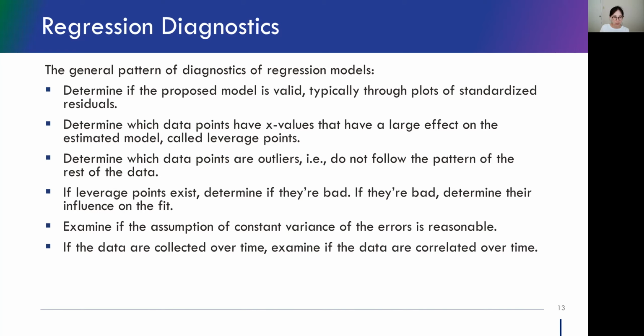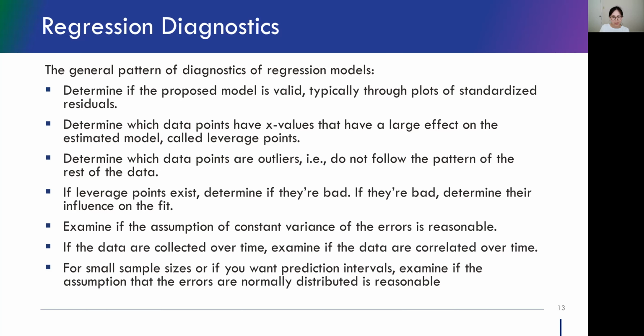That's an extra step if you have time series data, because if the data are correlated over time, that means it's not random, and you need to take extra care. For small sample sizes, or if you want prediction intervals, examine if the assumption that the errors are normally distributed is reasonable.